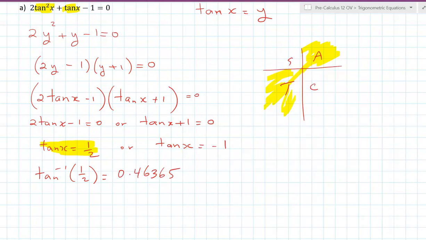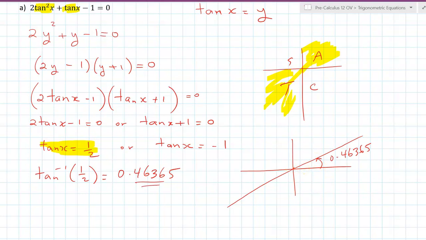So this is the part where you have to basically find out, okay, this is your first quadrant right here. This is where the angle 0.46365 is. It's actually exaggerated. This is your first standard position angle.